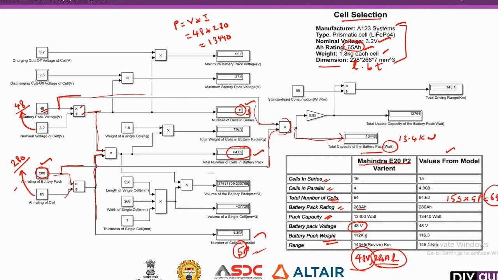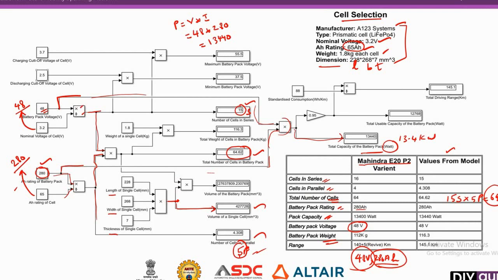To get the volume, we must multiply the length, width and thickness, here 228, 268 and 7. Now we get the volume of a single cell. Now we must calculate for the total pack, which is the total number of cells.